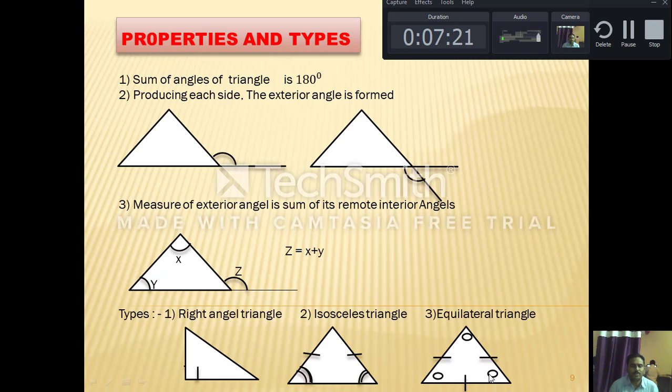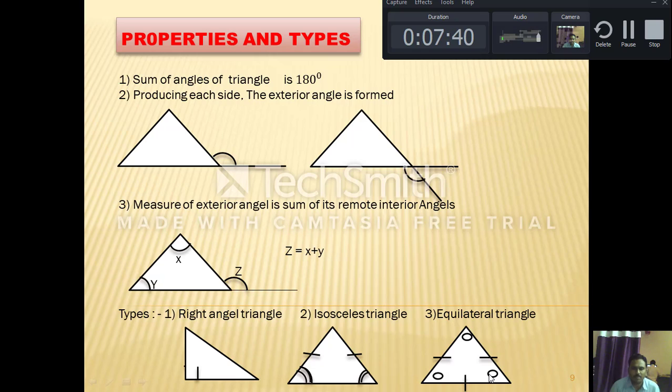We can produce two sides through one vertex so that we get two exterior angles at each vertex, and by producing all sides we get 6 exterior angles.